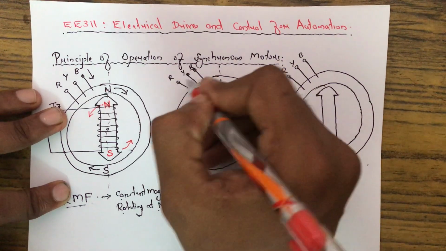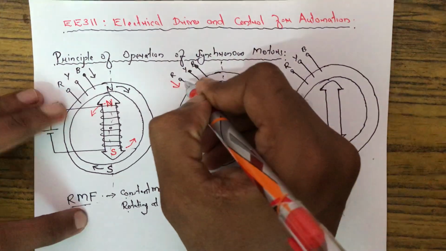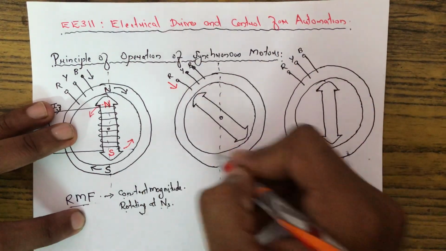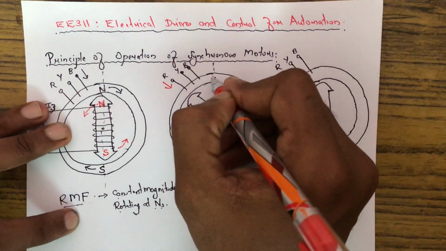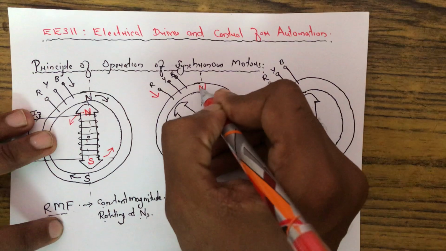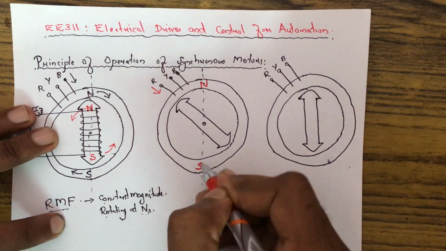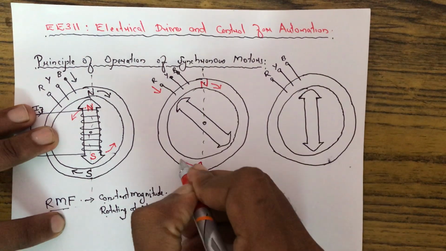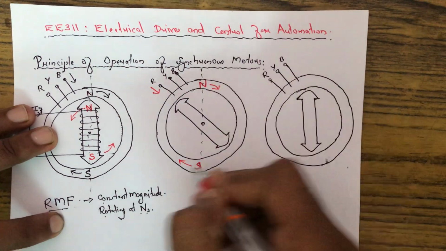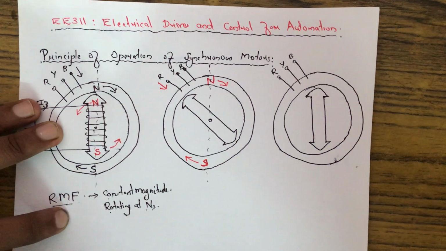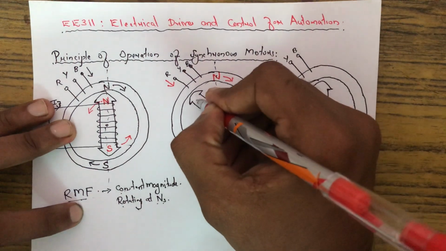That is, when three-phase voltage is given to the three-phase winding of the stator, a rotating magnetic field, north and south, will be produced, rotating at synchronous speed. So the rotor will be repelled.